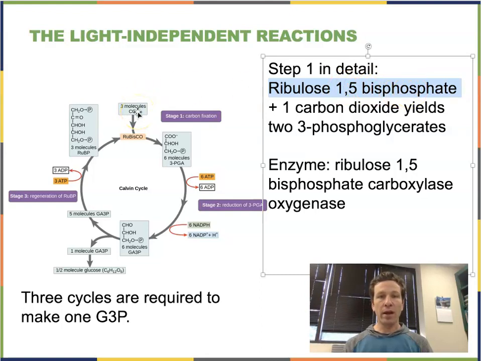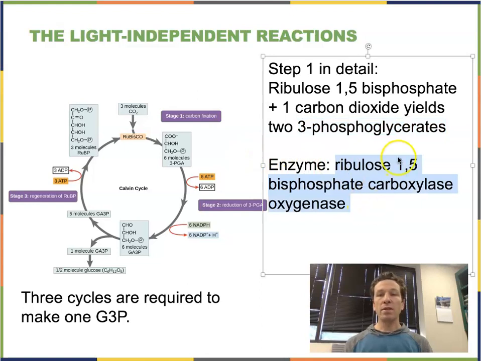And so that is where the 1,5 bi or bisphosphate name comes from. Of course, you know carbon dioxide. This is going to result in 2 PGA molecules. PGA is phosphoglycerate, and it's 3-phosphoglycerate because the phosphate group here is attached to the third carbon. Finally, we should specify what is the full name of this enzyme.